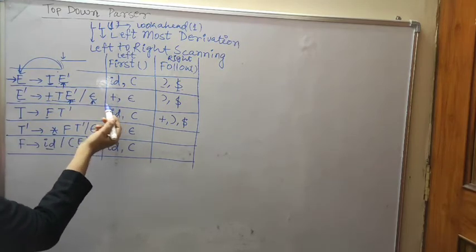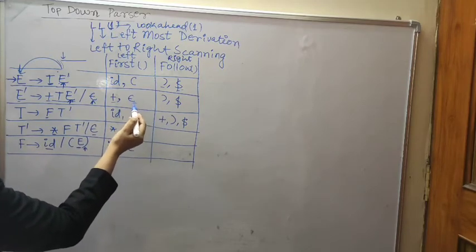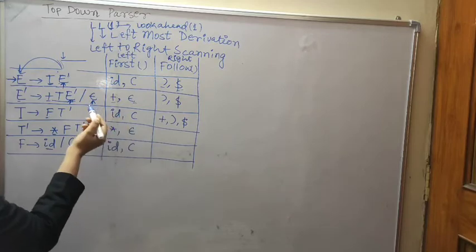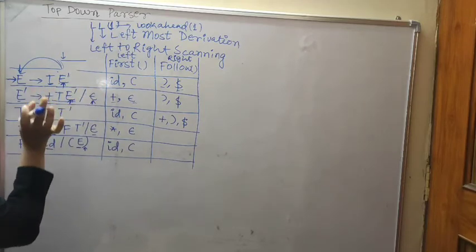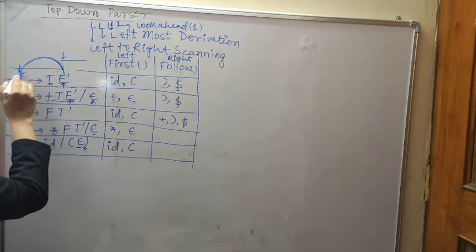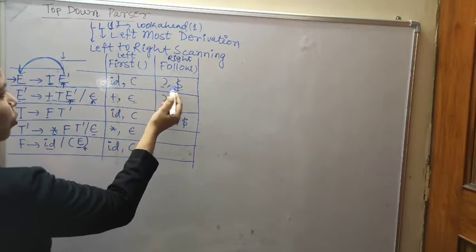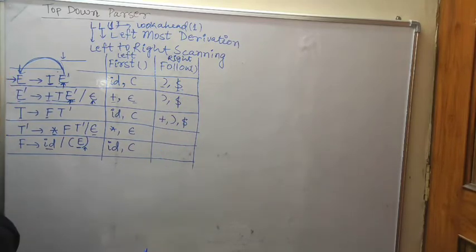What is the first of E dash? Plus and epsilon. We write plus, but we cannot write epsilon. For the epsilon place, is there any letter after E dash? No. So again we go from E dash to follow of E. Follow of E is close braces and dollar, so close braces and dollar will come.